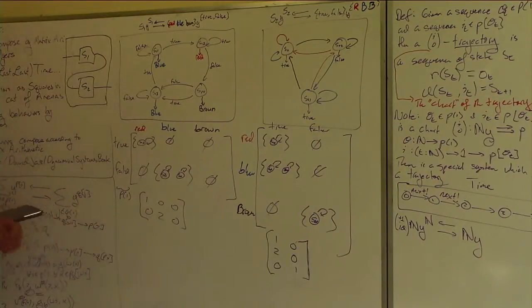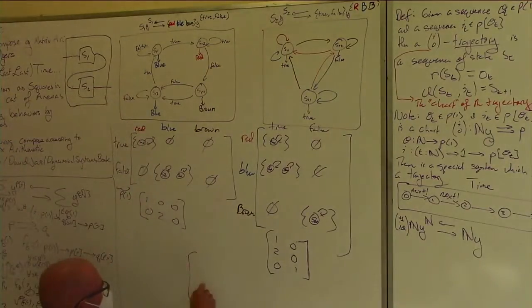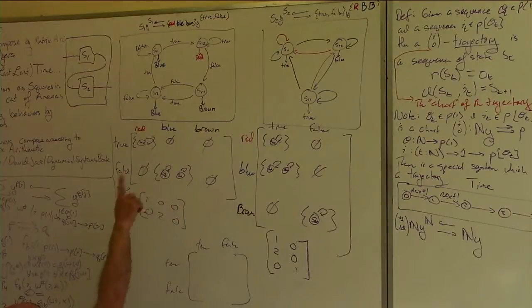So what we could do is figure out how many true steady states there are. So I'm going to write it out here. You have true, false, here. Okay, so we saw that there's a true-true steady state. Right? Are there any others? Well, there's no other true loops over there, so no. There's one true-true steady state.